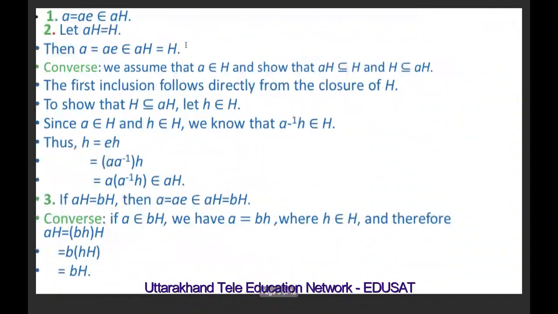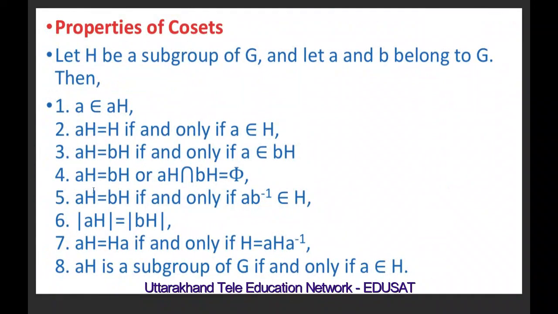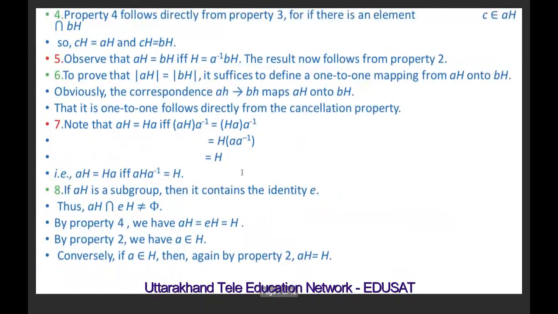Now the fifth property is aH is equal to bH if and only if a b inverse belongs to H. For the fifth property, observe that aH equal to bH if and only if H equal to a inverse bH, and the result follows from property 2.